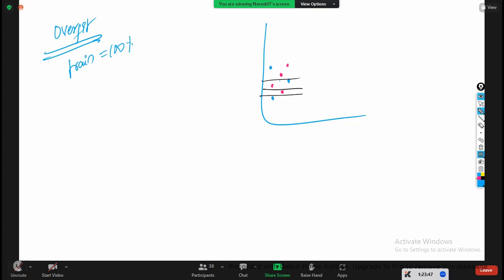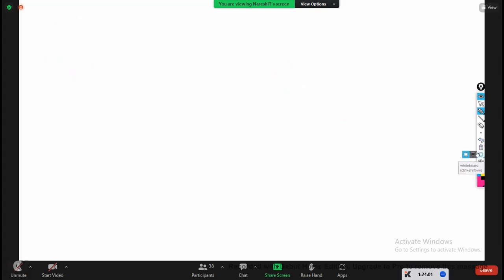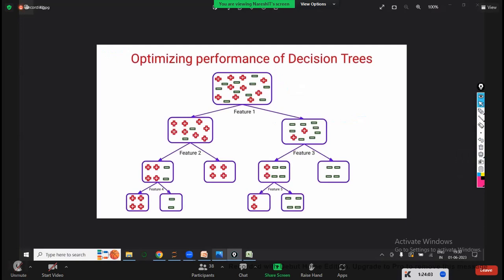I have to use one more black line like this to separate. When I use this, that will be dependent on this data point. So always the train accuracy I'm going to get is 100%, which leads to overfitting. That is the problem in decision trees.